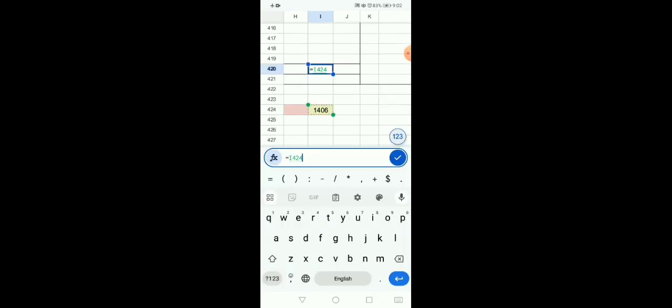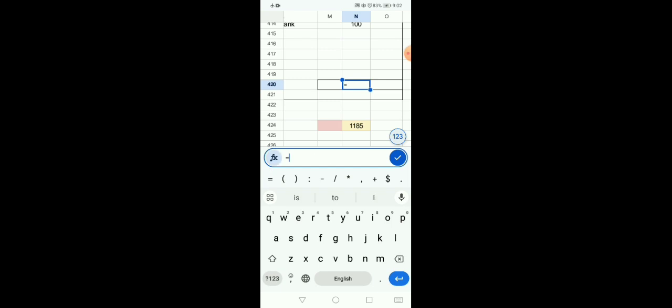So you will go to the total of the debit side of the cash and write this larger sum over here. And surprisingly, you will go to the credit side of the cash and write the same larger sum on the credit side as well. Here you can object that the total of the credit side was 1185, so why have we written 1406? This is a technical step to calculate the balance.